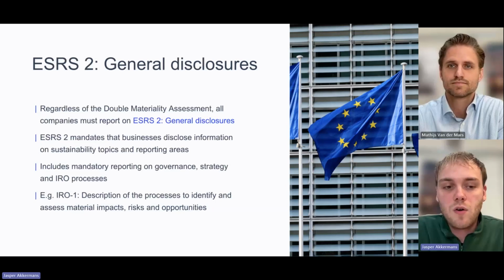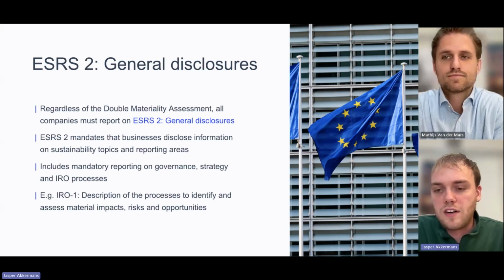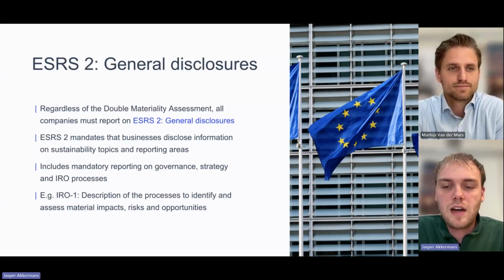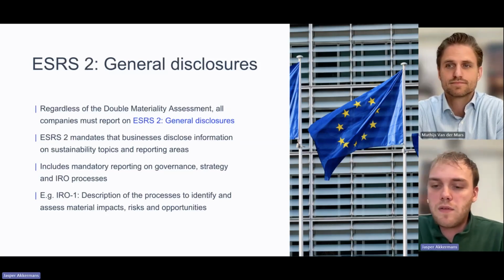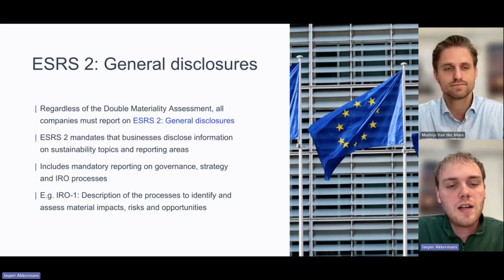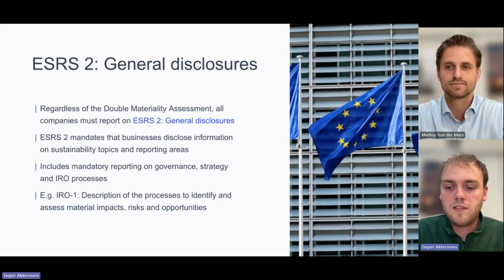An example being IRO 1, which requires a description of the processes to identify and assess material impacts, risks, and opportunities. So when conducting the double materiality assessment, it will be quite practical, and some information might seem like it's missing, but this will all be contained within ESRS 2 because it really requires a deep dive into these governance, strategy, and IRO processes.